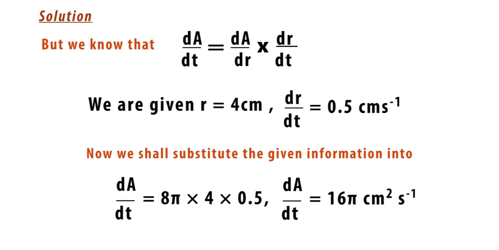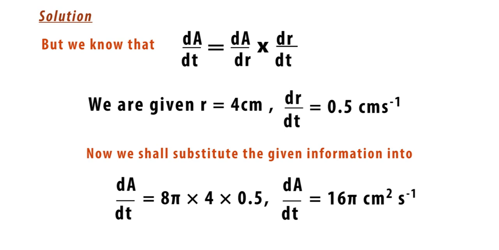Now we shall substitute the given information into our differential. That would give us dA/dt is equal to 8 pi multiplied by 4 multiplied by 0.5.